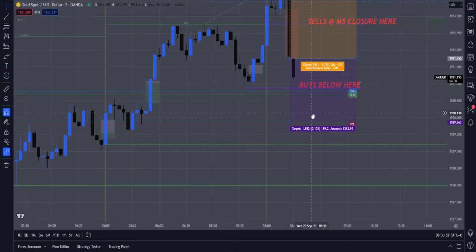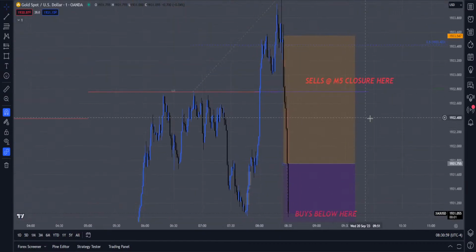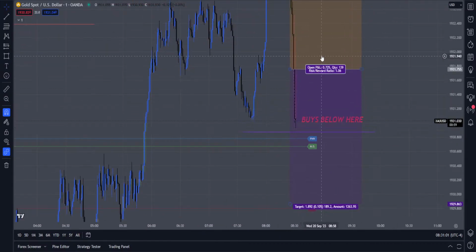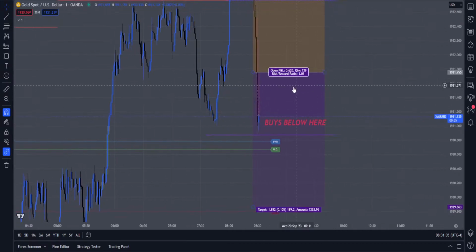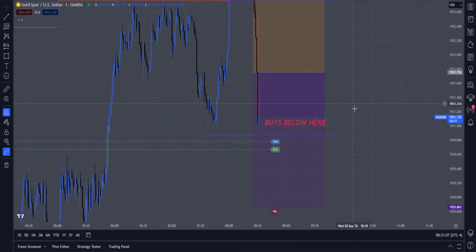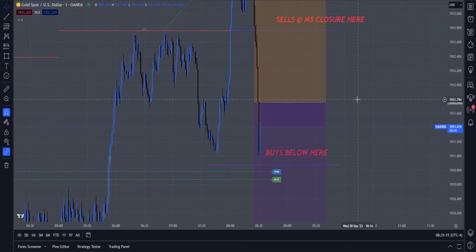Somewhere in this area. So we don't want it to go below here first before we take the trade. Okay? So something like this is not something we want. We wanted it to retrace a little bit. If it could retrace and then come back down, is ideally what we would like. So something like this is good.